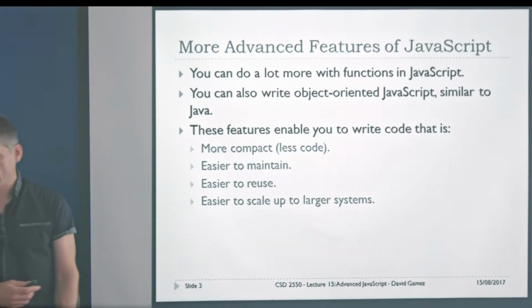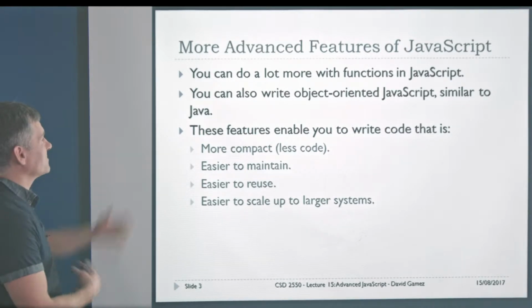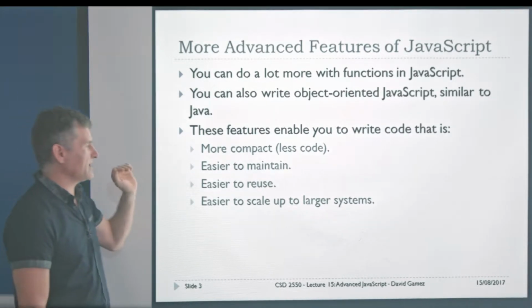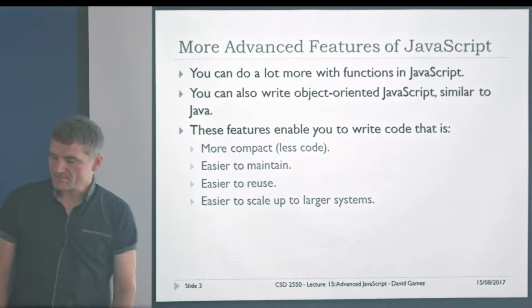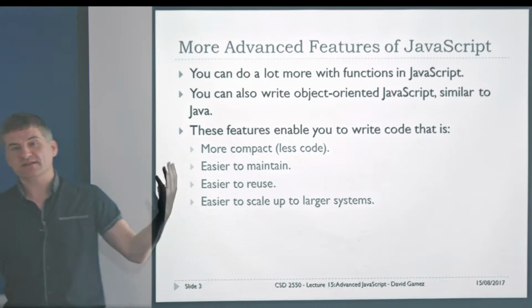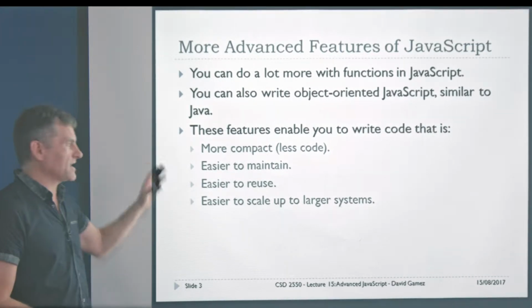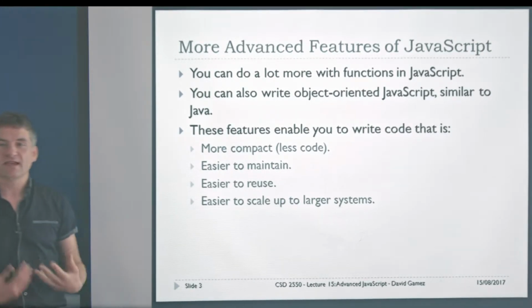So these features are not just fancy stuff that looks cool. They also enable you to write code that's more compact, easier to maintain, easier to reuse, and easier to scale up to larger systems. Some people hate object-oriented code and just think functions are the way ahead. But actually, object-oriented programming is ubiquitous, and there's a reason for that.